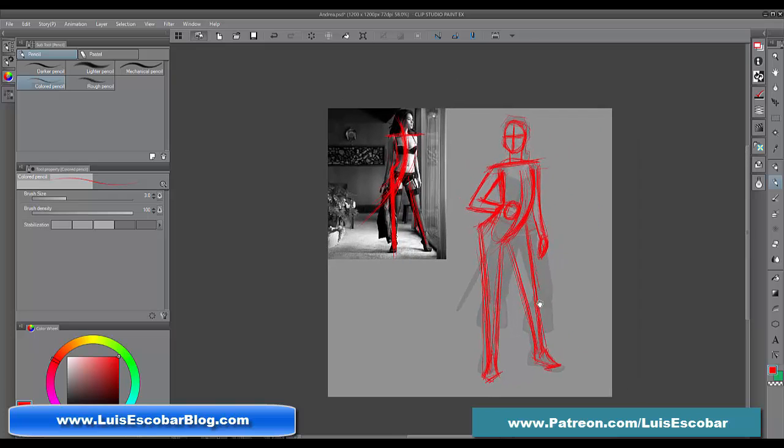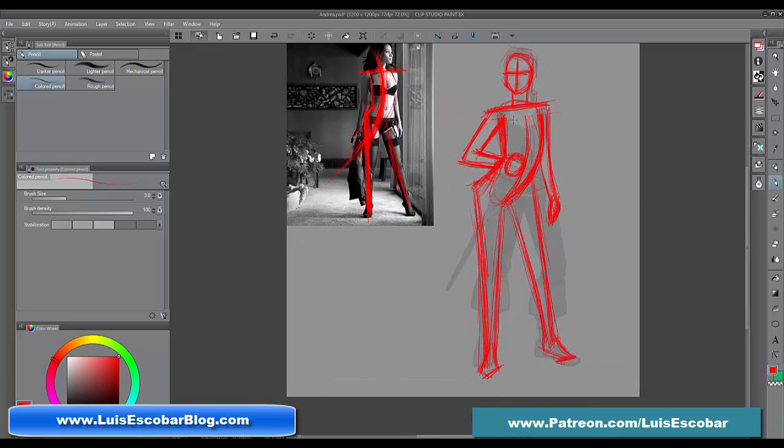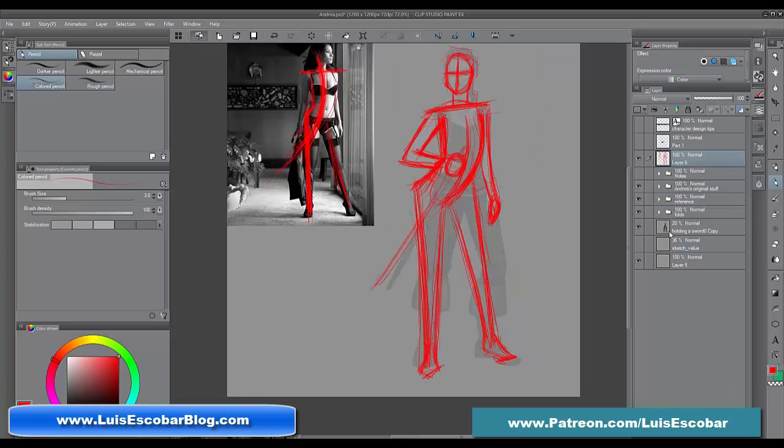This is perhaps the most important part to get right, capturing this energy for this pose. It's very, very important because it's good to err on the side of over-exaggerating.